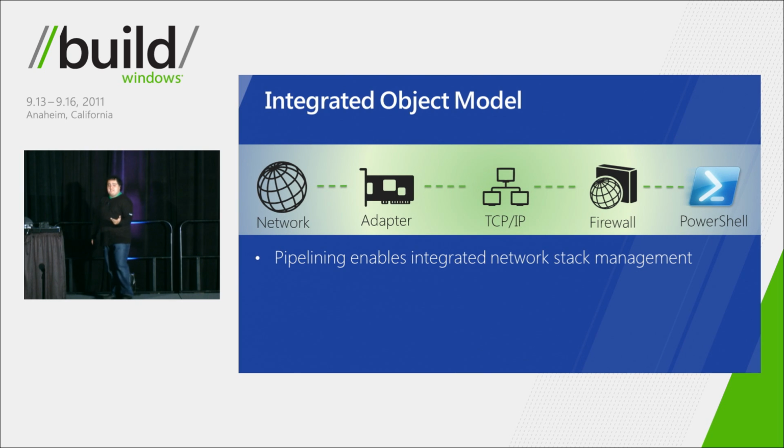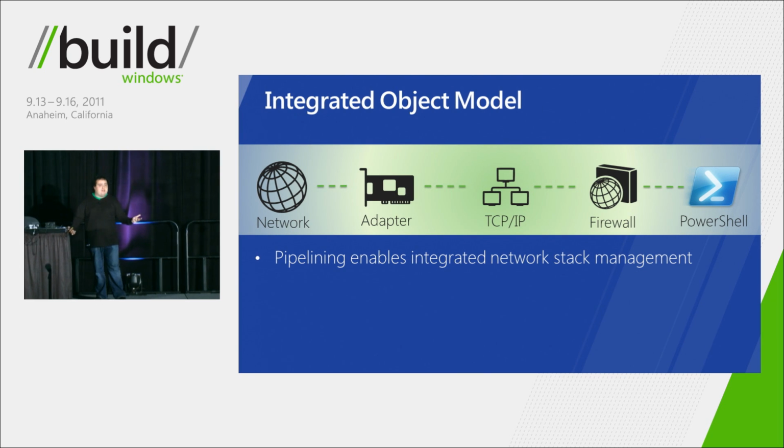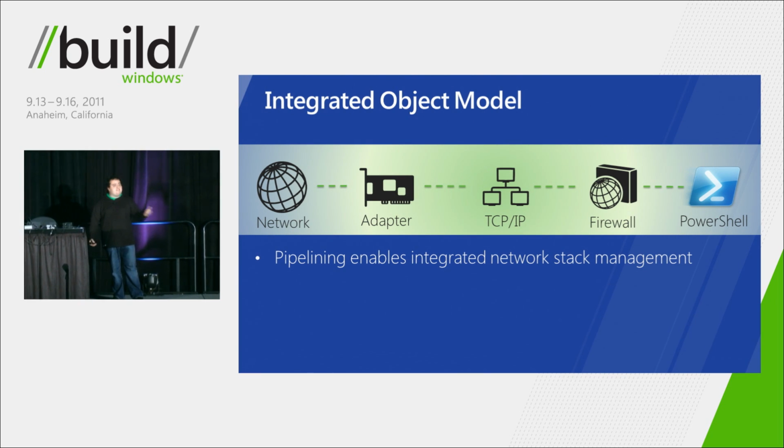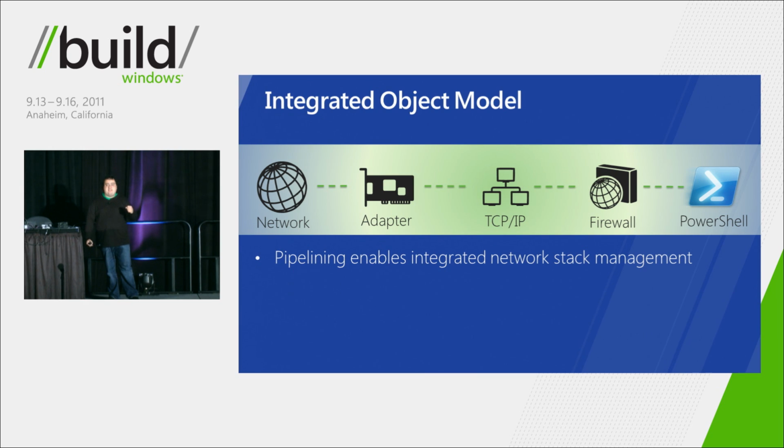As I briefly mentioned, we have an integrated object model now in networking. Every time you do get adapter, get IP address, you're getting real objects back. Then you can use dot notation, run queries, run methods.